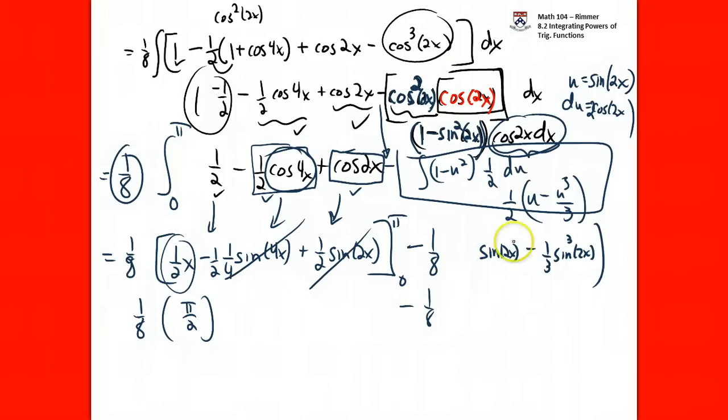But we don't care because we're going from 0 to pi. We just don't care. Oh, where did this thing go? There was a half here. There we go. We just don't care because we put a pi, we put a 0 in, and they just zero out.